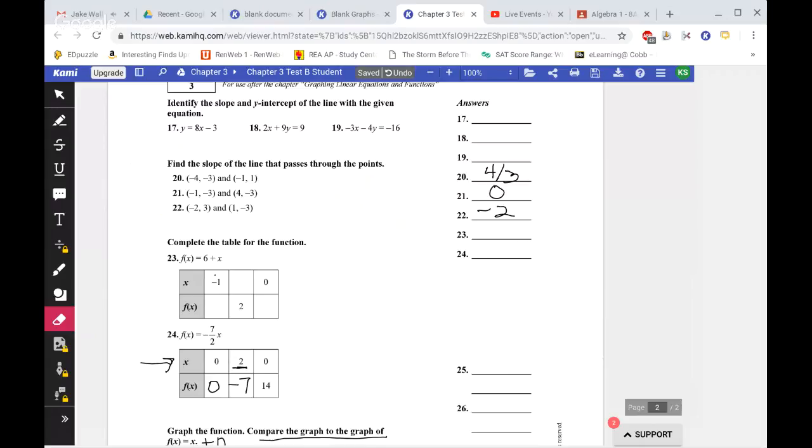But I do want you to write at least something. I do need to know what the value of the slope is. Does that make sense? Okay. But if you add horizontal line, that would be the bomb.